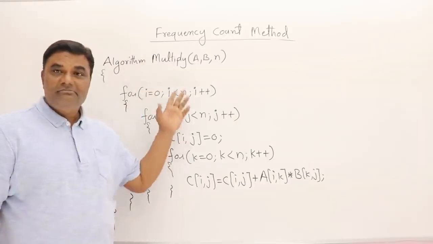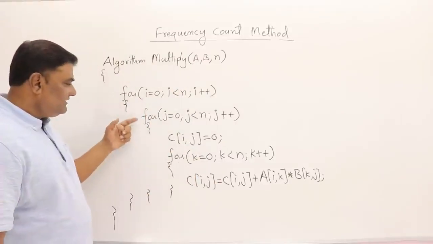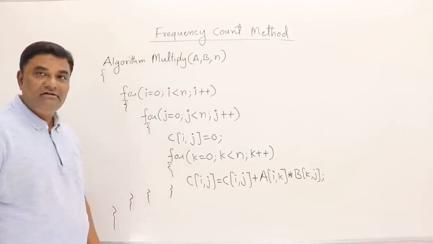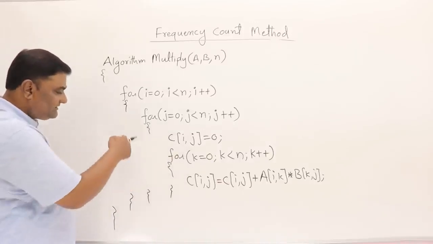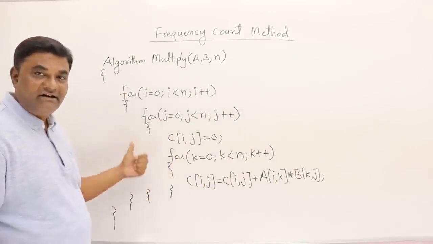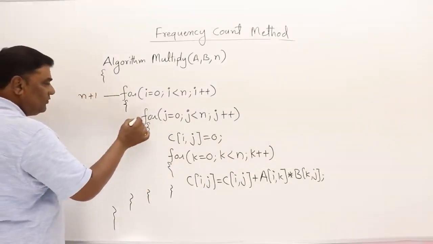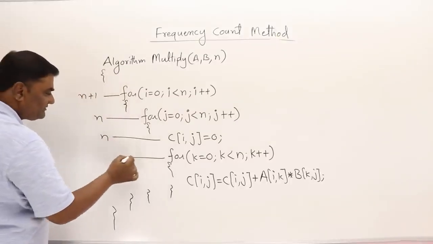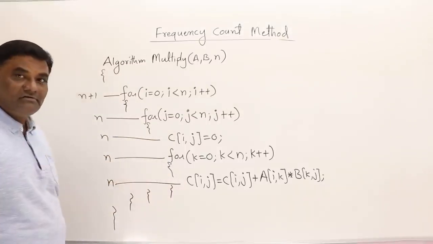The next algorithm is multiplication of two matrices. You can see that there are three loops nested, one inside another. Let us find out the time. On this side I will write so you can see them. This is n plus 1. Whatever is inside will execute n times, every statement n times.